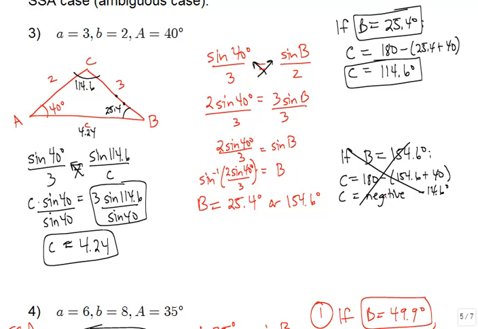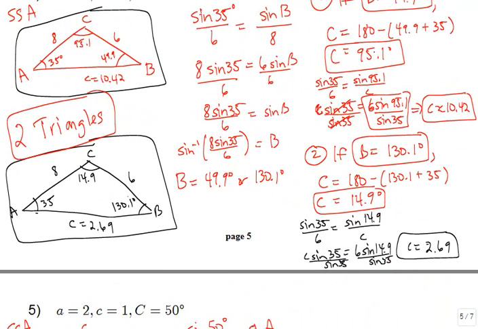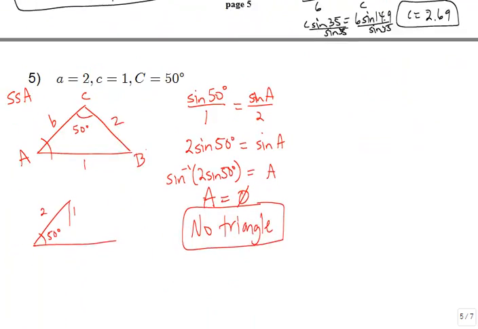So still look for both cases, the angle B and its supplement, then calculate what that would imply angle C is. If C is negative, then you're only going to have one triangle. If C is positive, like this example here, for both cases, then you're going to get two triangles. So you'll either have 0, 1, or 2 solutions in that ambiguous case.